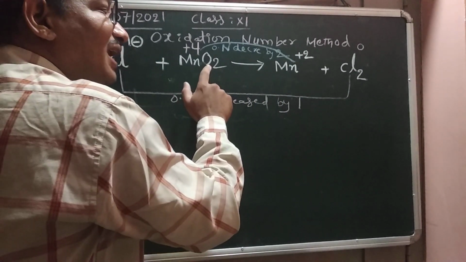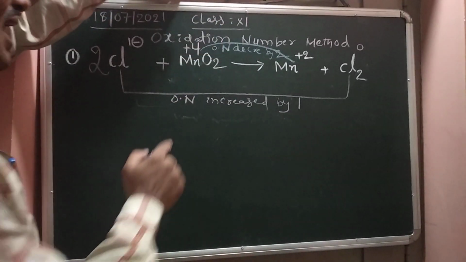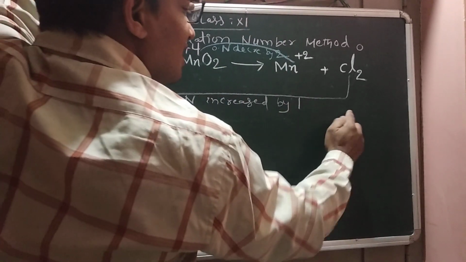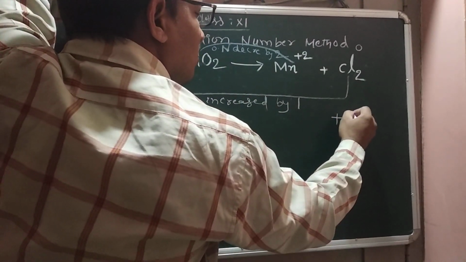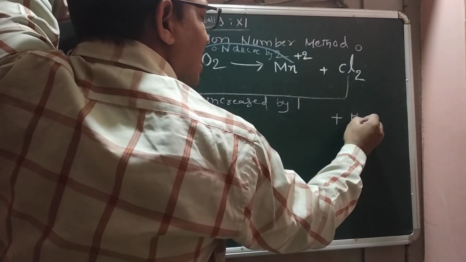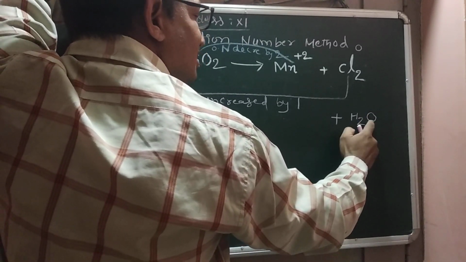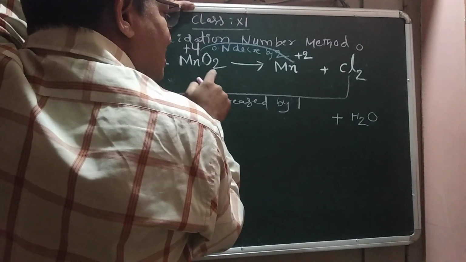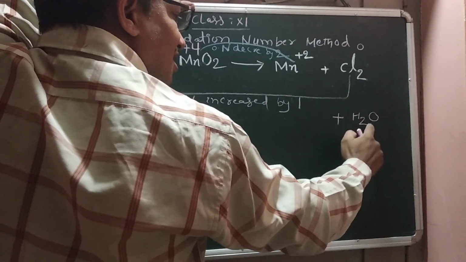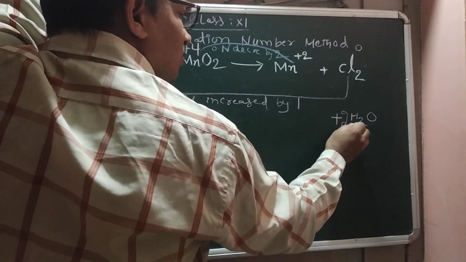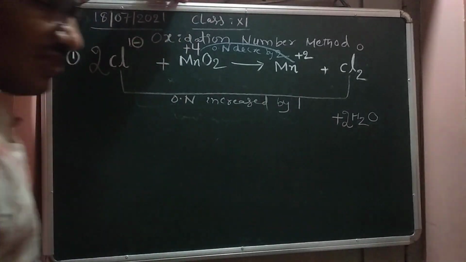Now I am going to balance the oxygen atoms. While balancing oxygen atoms, this side oxygens are less, 2 oxygens less. Whenever I want to add oxygens, I will add water molecules. So I will add 2H2O to balance oxygen atoms.